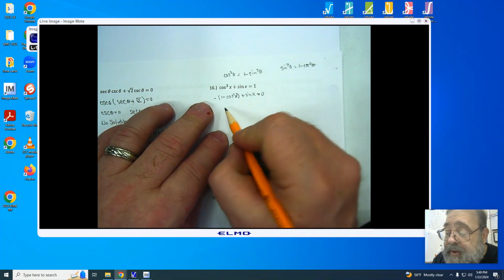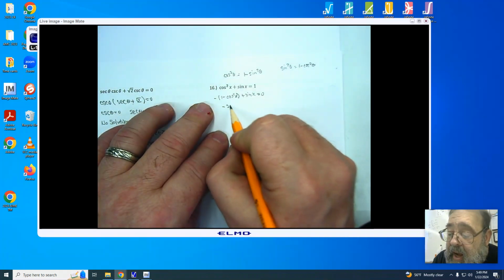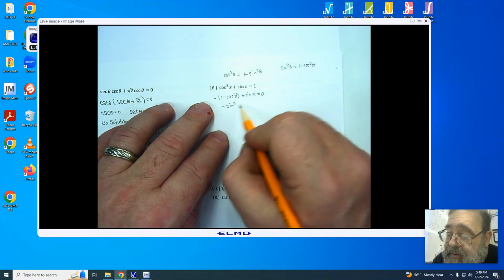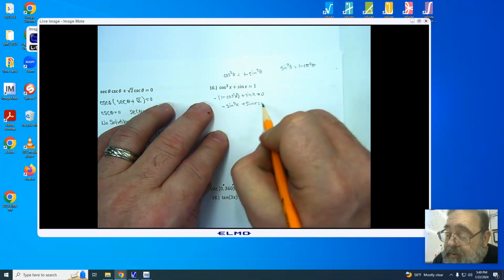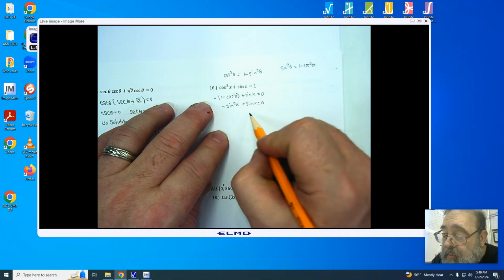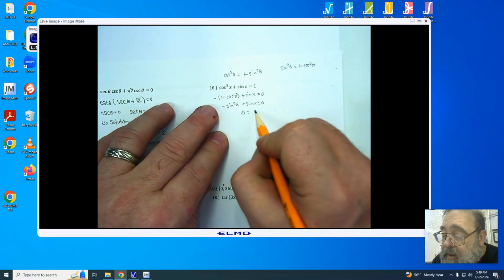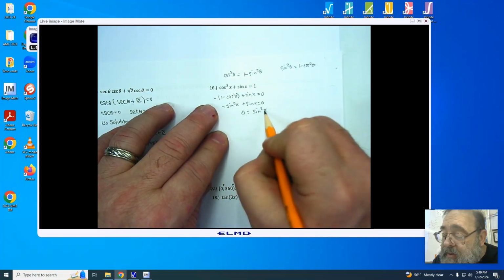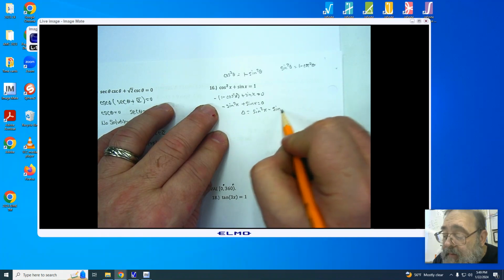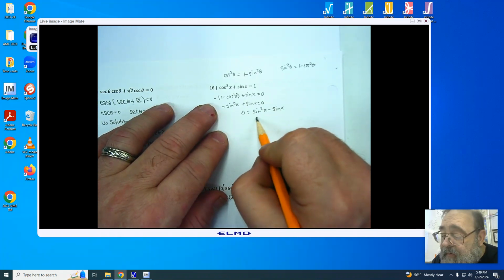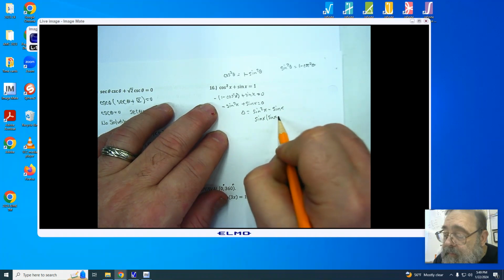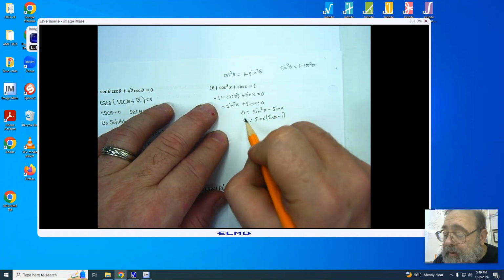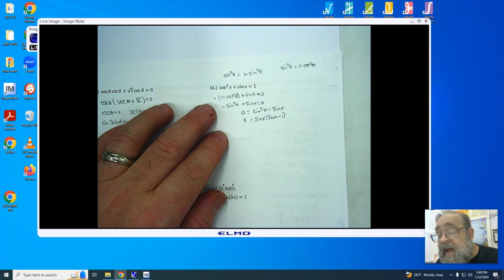Now I could substitute and have negative sine squared of our x plus sine x equaling 0. I can move things around so that 0 equals sine squared x minus sine of x, and from that I could factor out the sine of x. That's one option, and I could find my solutions that way.